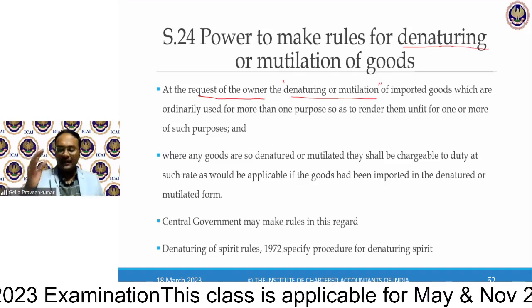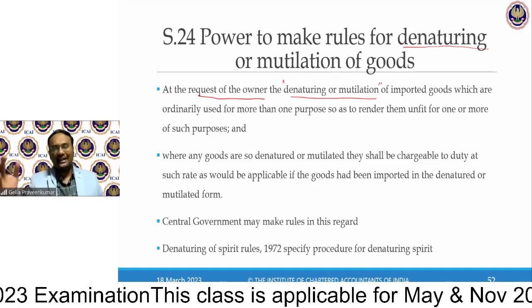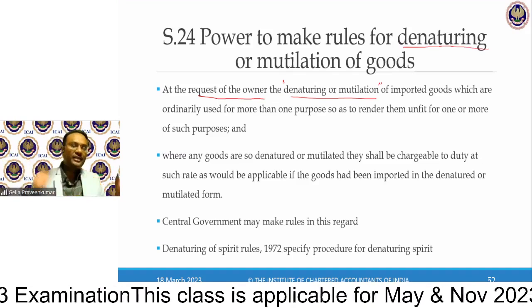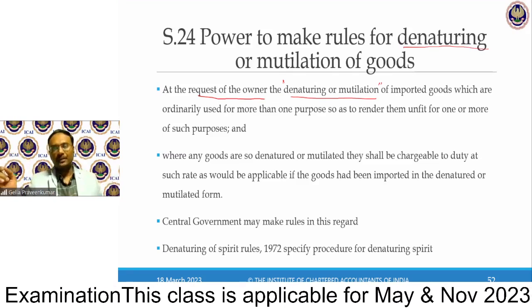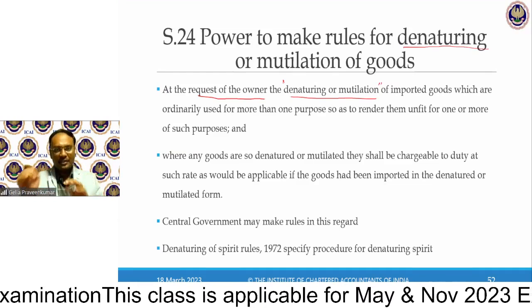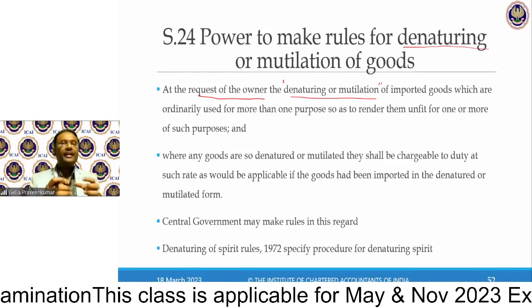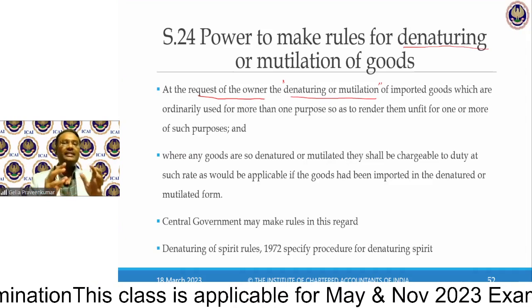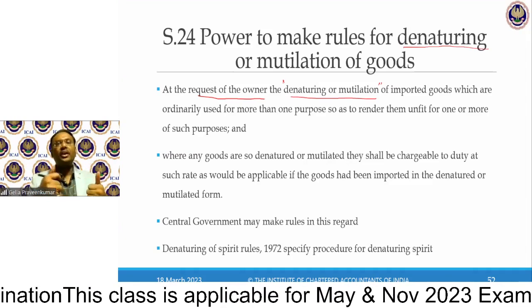With the prior permission of the drug control inspector, the drug should be purchased in a medical store. So for these Schedule H drugs, if any pharmaceutical manufacturer imports any of those components, there is a process called denaturing or mutilation.